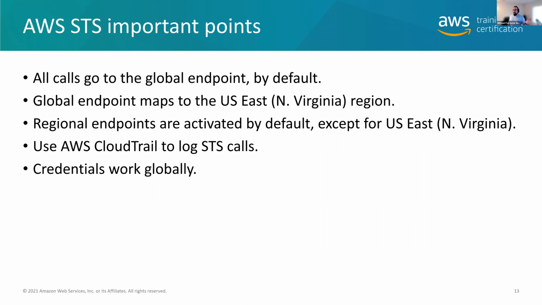That has not been my experience actually. So if you're trying to get a token from California and it just is not working, go into STS in California and make sure that it's active, right? It'll throw an error message saying it's not active. I just want to mention that because my experience has varied recently on that.